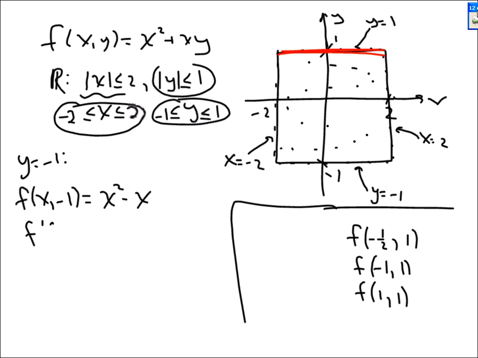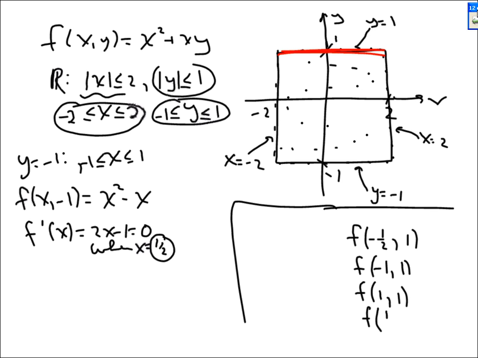The f prime of x is 2x minus 1, and this equals 0 when x is a half. And x can go between negative 1 and 1, and a half is in between there. So we need to check f(a half, negative 1) and the endpoints: f(negative 1, negative 1) and f(1, negative 1).